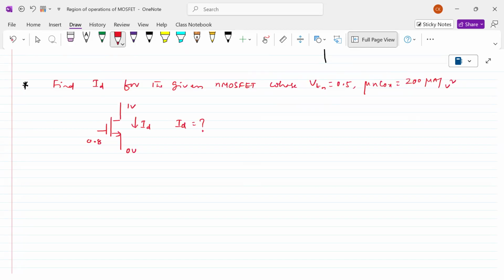VTN is given, mu n Cox is given, and the potentials at each and every place are given. You need to find out what is the ID. What is the first condition that you're doing? Fixing the source and drain. Based on that, you have to say all the things.